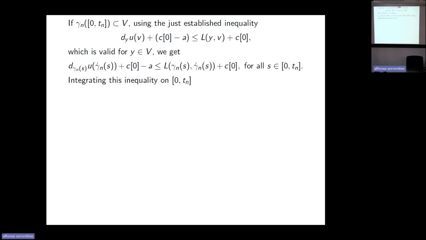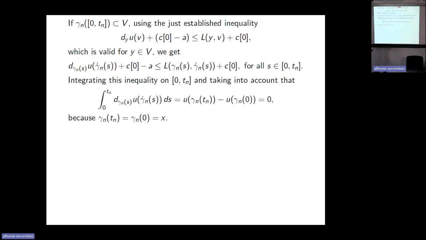So we can integrate this inequality between 0 and Tn, and we take into account that if we integrate the derivative of a function, we get the difference of values between the endpoints. Both endpoints are at x, so we get 0. Okay? So finally, we get (C0 minus A) Tn is less than the action of gamma n, modified by C0.